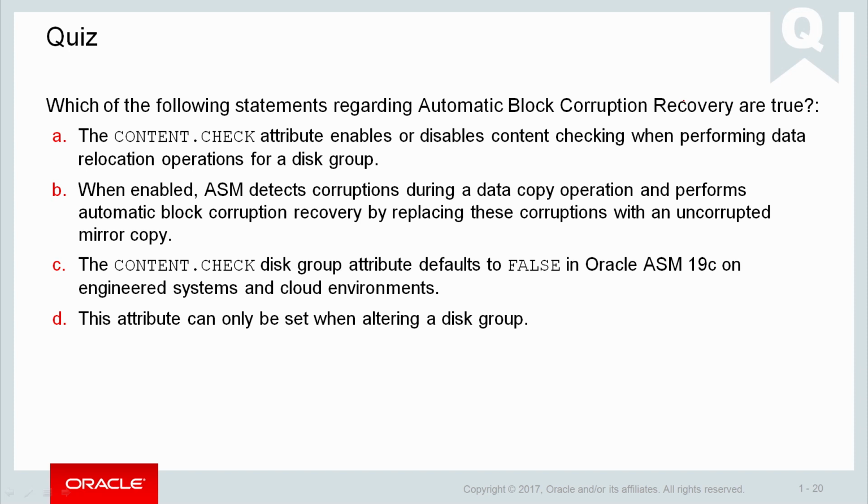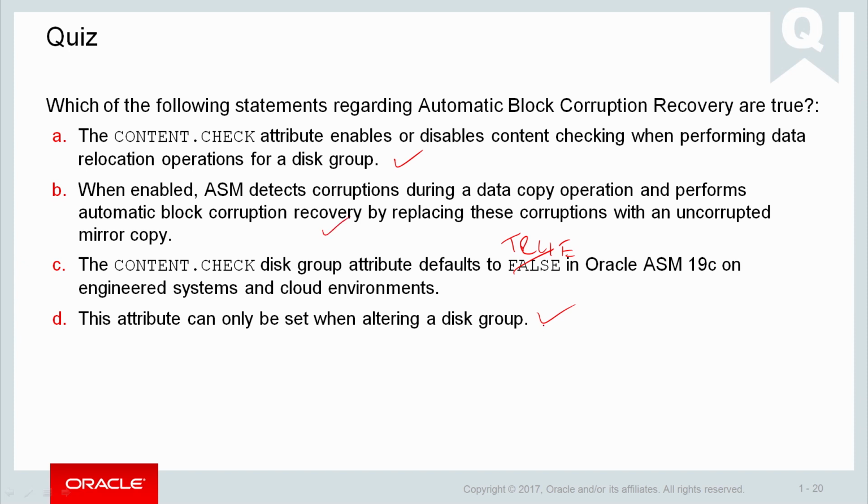Yep, that's true. C, the content check disk group attribute defaults to false in Oracle ASM 19c on engineered systems and cloud environments. Well, actually, no, it defaults to true. So C is incorrect. D, the attribute can only be set when altering the disk group. Yeah, that is correct.